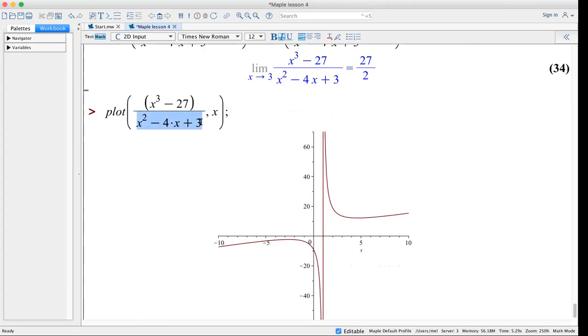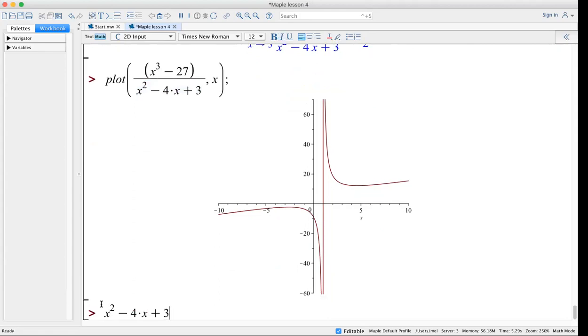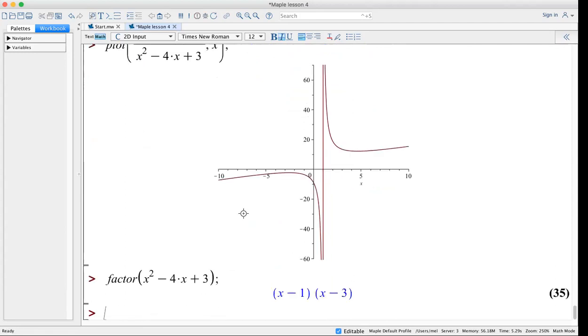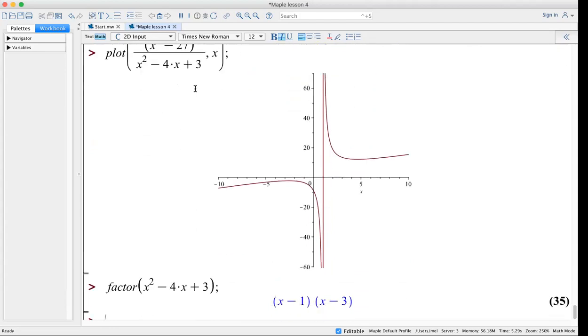Because you can factor the denominator. So this denominator is 0 at 1 and at 3. At 1, you have a vertical asymptote, but not at 3.